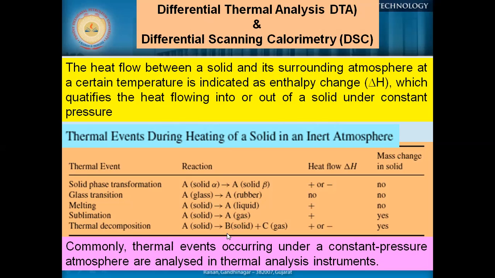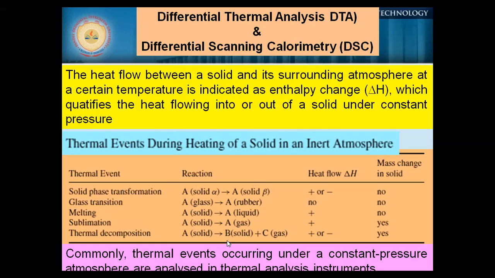In differential scanning calorimetry, the heat flow between a solid and its surrounding atmosphere at a certain temperature is indicated as enthalpy change. It's a del H, which quantifies the heat flowing into or out of a solid under constant pressure.